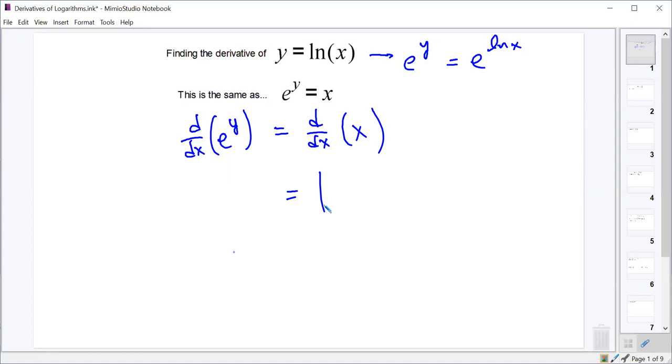And on the left-hand side, what do we get? e to the y dy dx. Right, e to the y dy dx, because the derivative of e to the y with respect to x has to be done implicitly. So it's the derivative of e to the y, which is e to the y, done with respect to y, times the derivative of y with respect to x, dy dx. Everybody good?